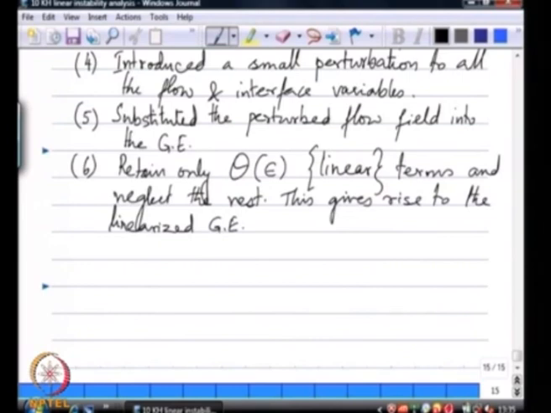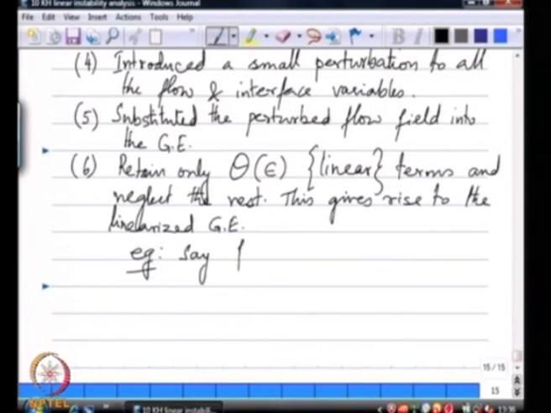Okay, at this stage what we have is a set of equations that the perturbed quantities obey up to order epsilon. The perturbed quantities behave as per those equations, because the mean quantities are already satisfied in the governing equation. So, I will give you an example here.